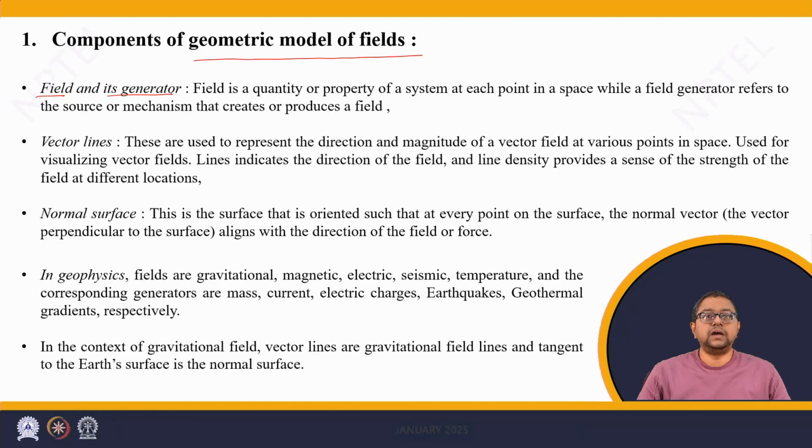For example, an electric charge. An electric charge is the source of the electric field surrounding it. Or else we can also look into the mechanism of pressure gradient creating fluid flow velocity field.